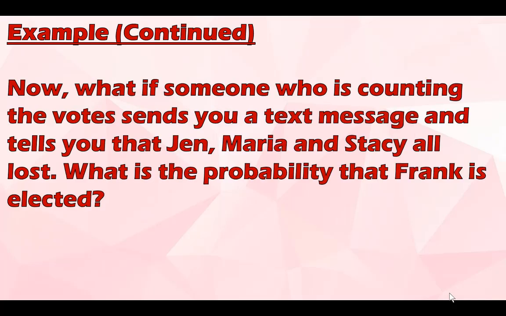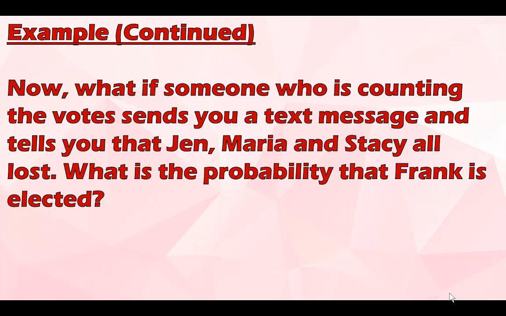But what if, as the election was happening and votes were being counted, someone who's counting those votes sent you a text message and tells you that Jen, Maria, and Stacy all lost? What's the probability that Frank is elected now?